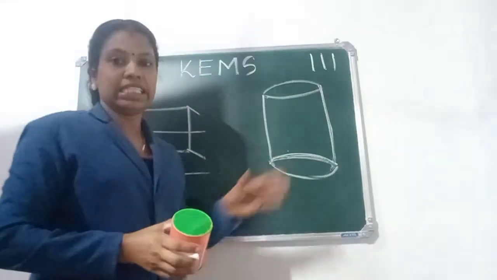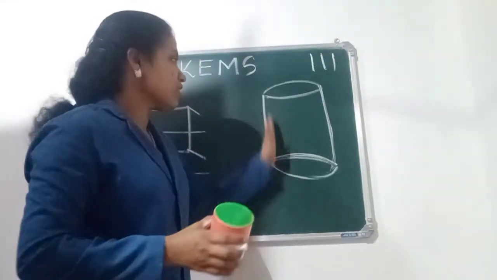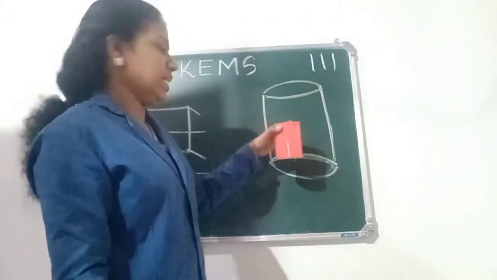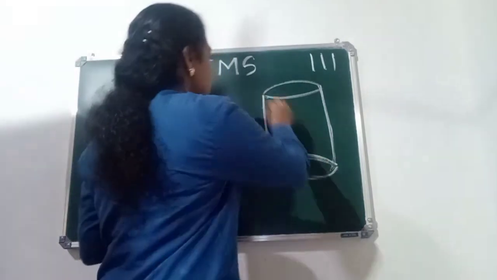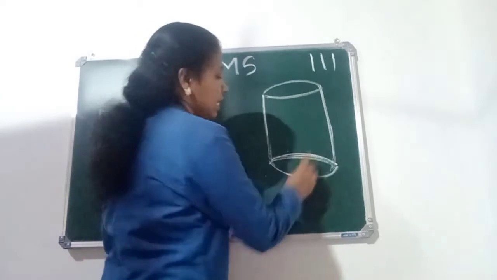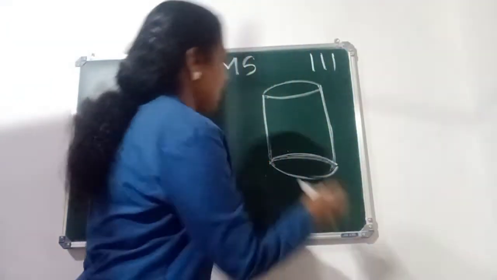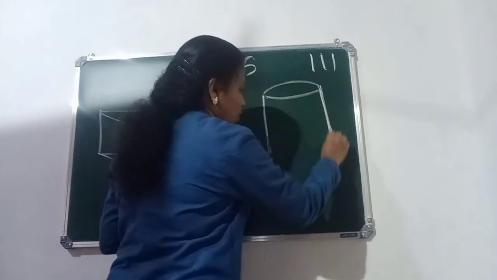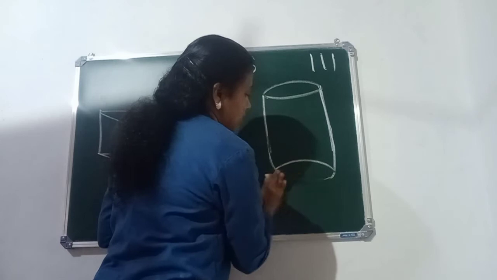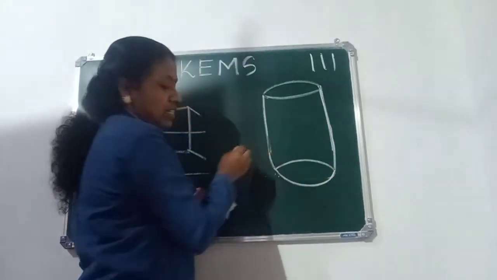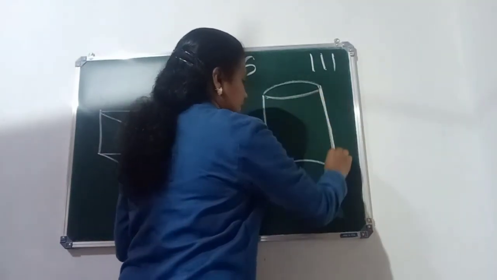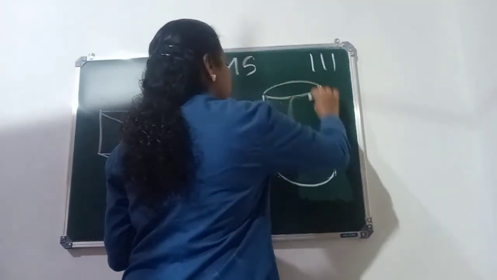We can draw the cylinder shape like this, but actually this is a curve, not a straight line. You can draw a cylinder in your notebook like this, but it has no edges and no corners. It has only curved faces. Clear? This way you can draw a cylinder in your notebook.